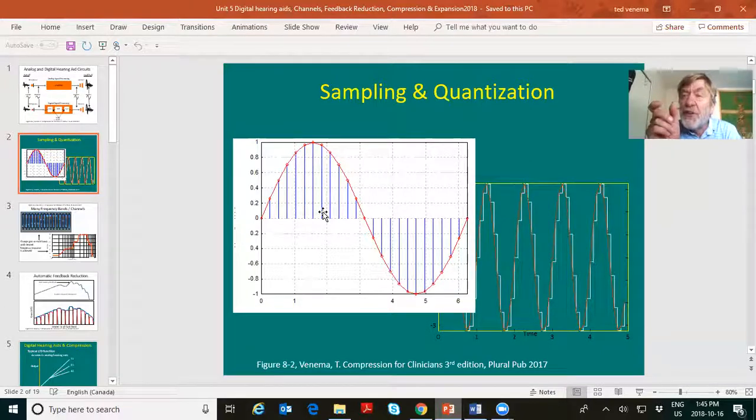So now you've got the electrical wave. Digital processing takes samples of these electrical waves. So what's missing is the stuff between the dots. Okay? Anyway, the dots are assigned an intensity value.